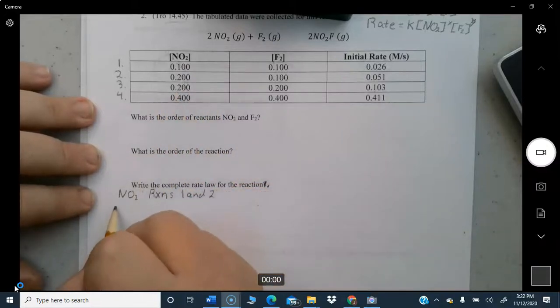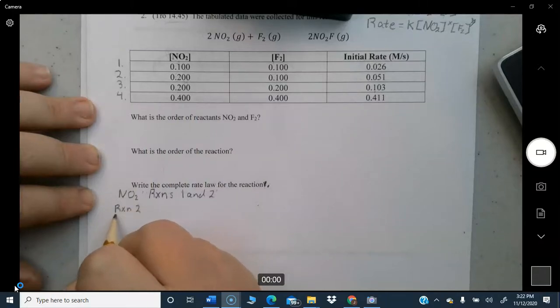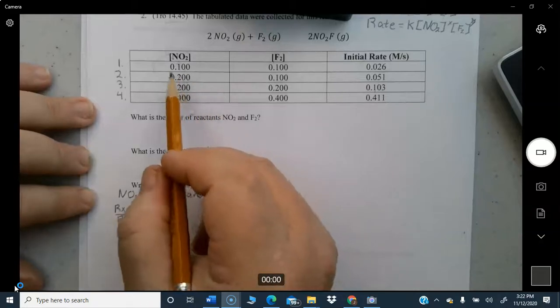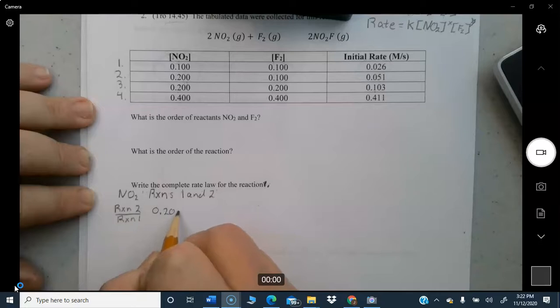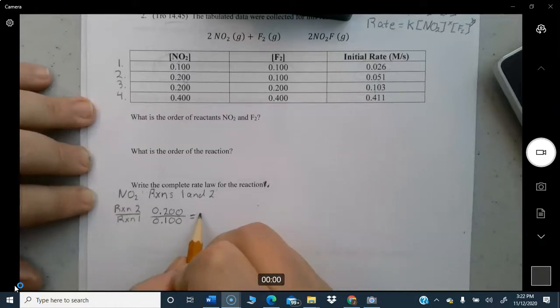So we're going to take reaction 2 and put it over reaction 1. Okay? So reaction 2 says that the concentration for NO2 is 0.200. And for reaction 1, there it is. If you take that ratio, it simply gives you 2. A 2 to 1 ratio. So what you did is you doubled the concentration of NO2.